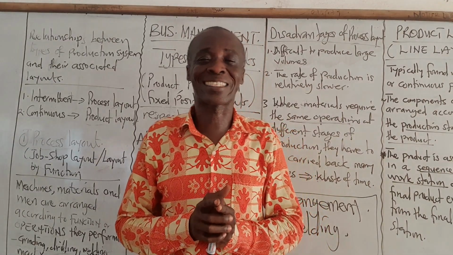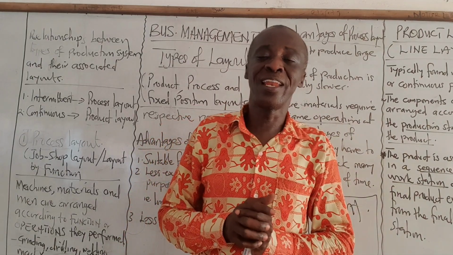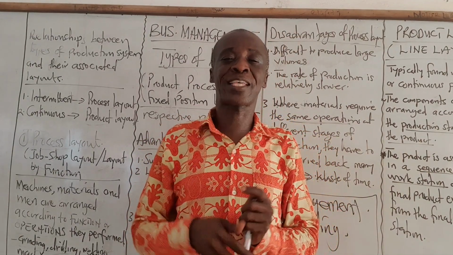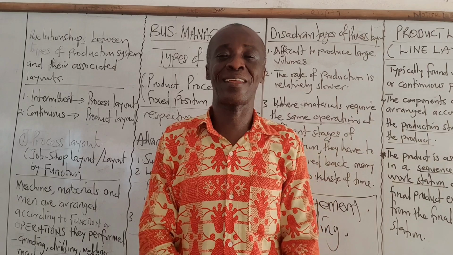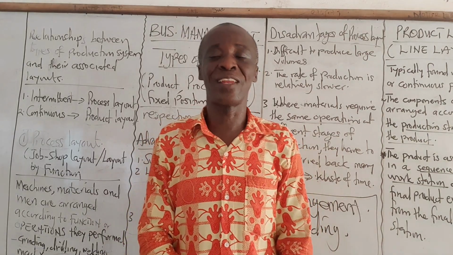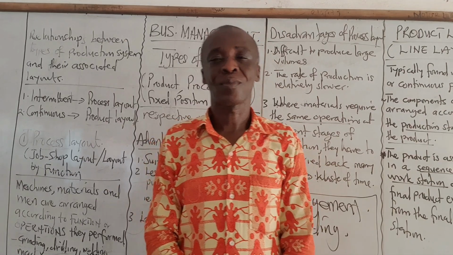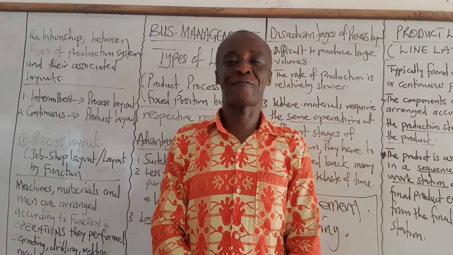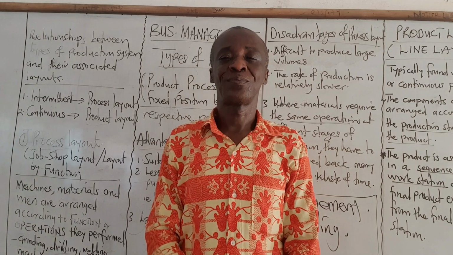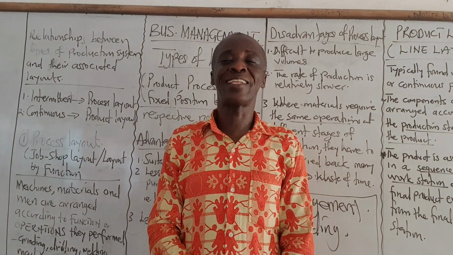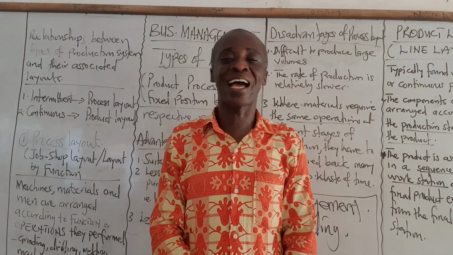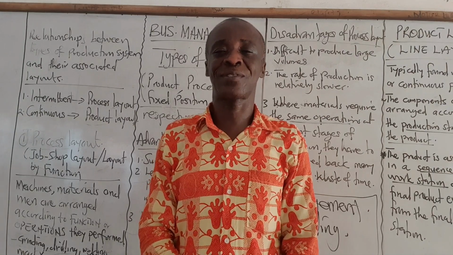We were looking at types of layout. Then we said we are talking about 3 main types of layout: process layout, product layout, and fixed position layout. We said we have already done the production systems.